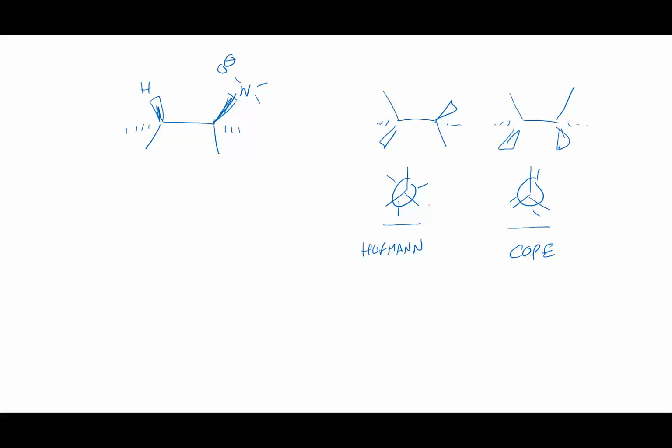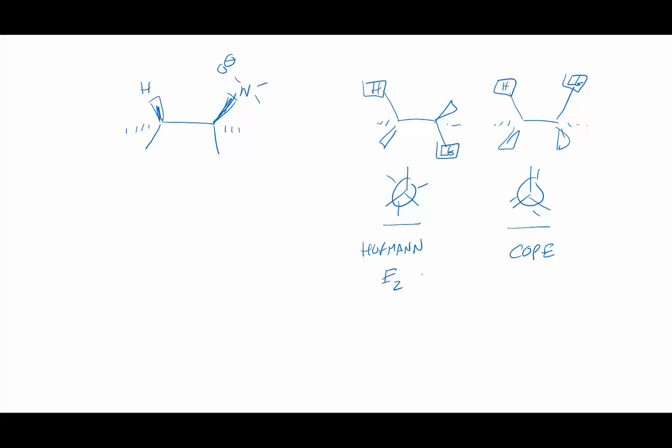Whatever staggered conformation or sawhorse projection I give you, you've got to put that sawhorse into one of these 2 conformations so that either the hydrogen and the leaving group are anti-periplanar, which would be the case for Hofmann, or the hydrogen and the leaving group, the amine, are eclipsing for Cope. This is the same as what we did back for E2.